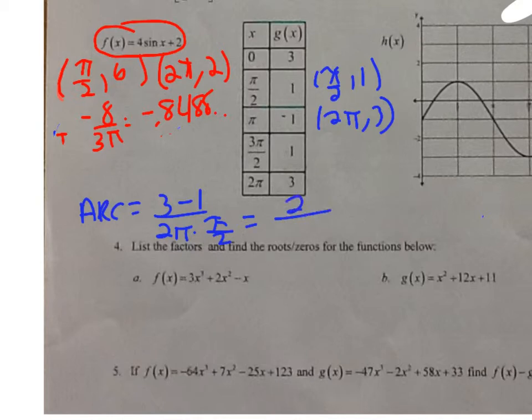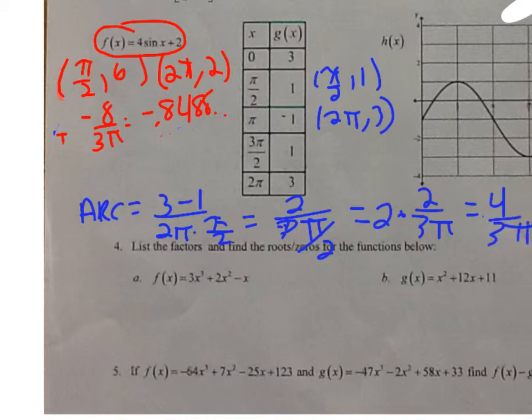We did that before. That was 3 pi over 2. So do same change flip. So it's 2 times 2 over 3 pi, which is 4 over 3 pi.